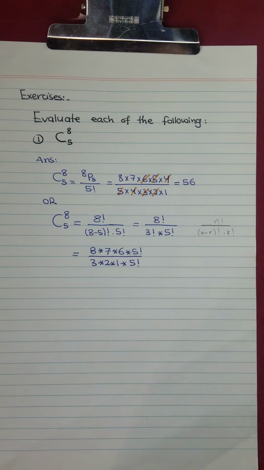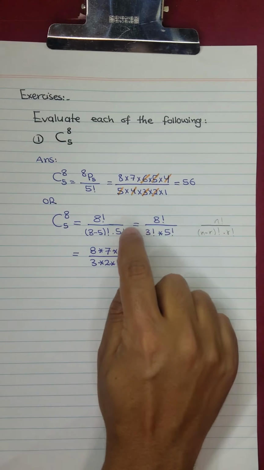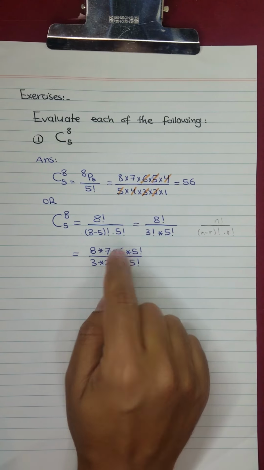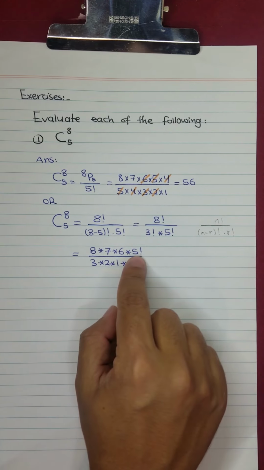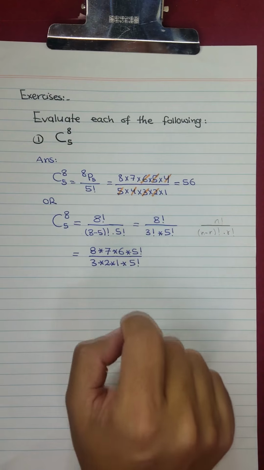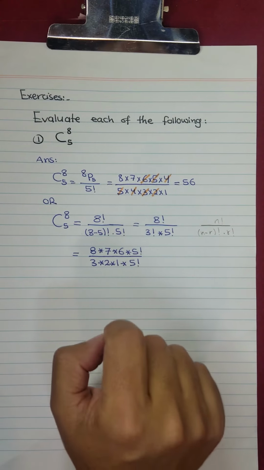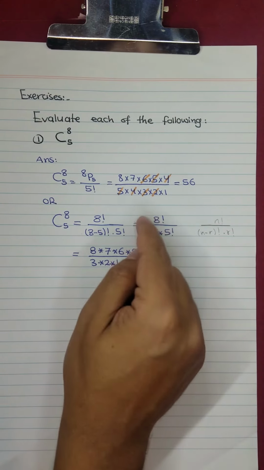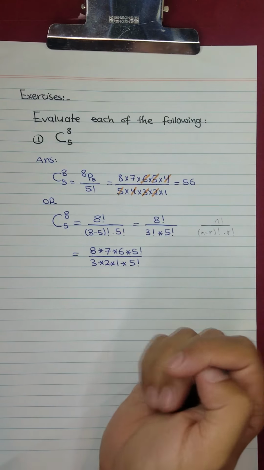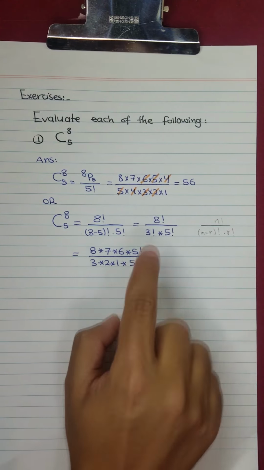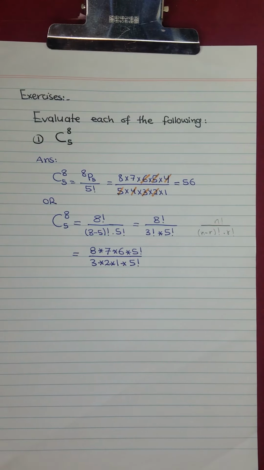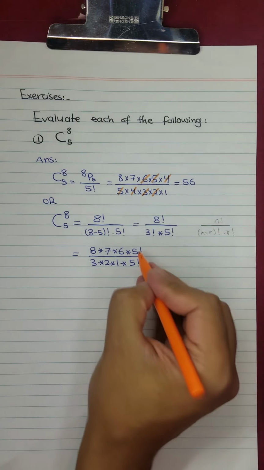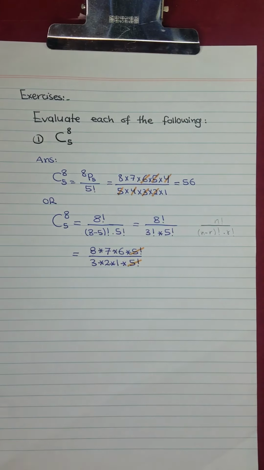So what I did here, again, 8 factorial, I took the 8 out, so I got 7 factorial. I took the 7 out, I got 6 factorial. I took the 6 out, I got 5 factorial. You can revise this from the previous video, we talked about this as well: taking things out of the factorial and then reducing the factorial by 1. Now here, 3 factorial is 3 times 2 times 1, and 5 factorial I kept as it is, because it makes it easier to cancel 5 factorial with 5 factorial.